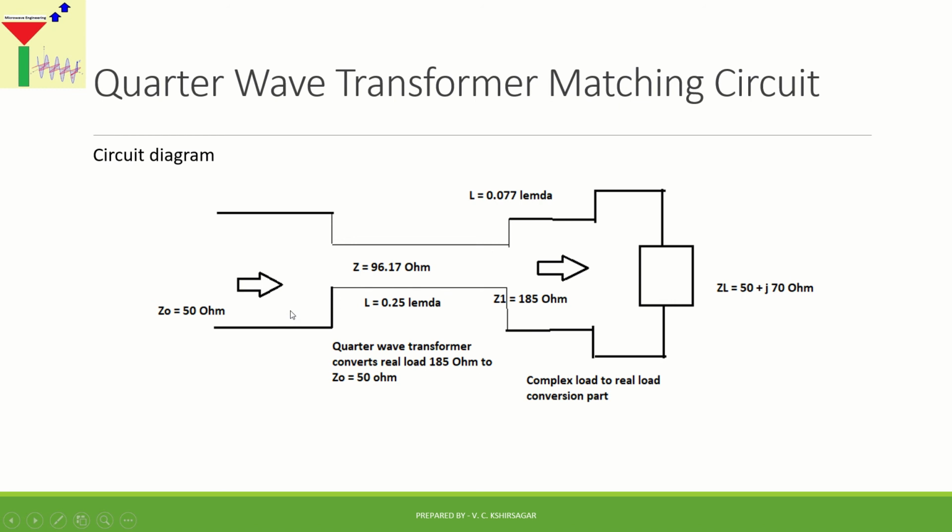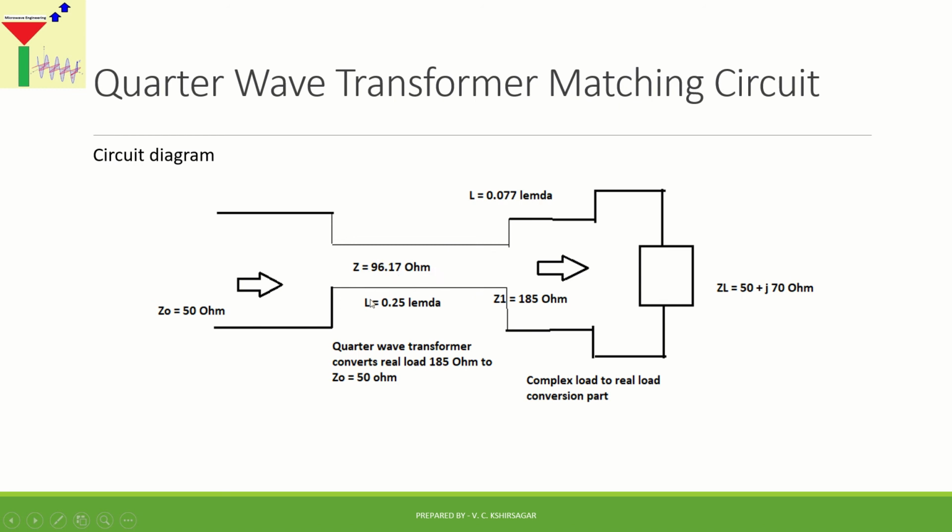Please remember, first of all we need to insert a suitable transmission line which will take the complex load impedance into a real valued load impedance. Then this real valued load impedance is converted back to the desired value of transmission line characteristic impedance by inserting a piece of lambda by 4 section, which we call a quarter wave transformer section, and we need to write the characteristic impedance of that quarter wave transformer.